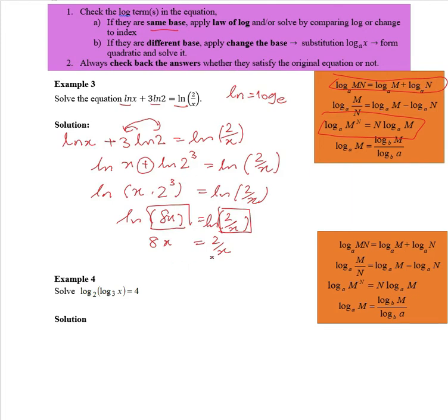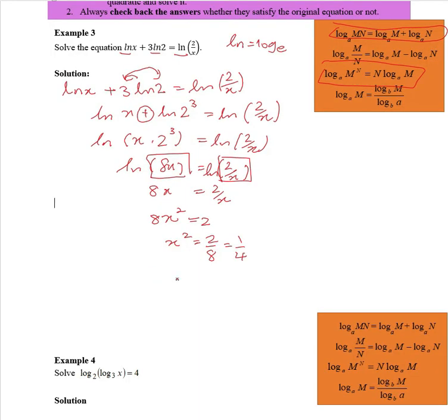And then to solve this is divide, so bring it to the left side. It's going to be multiplied with x equal to 2, and then you can just divide with number 8. So this is 1 over 4.